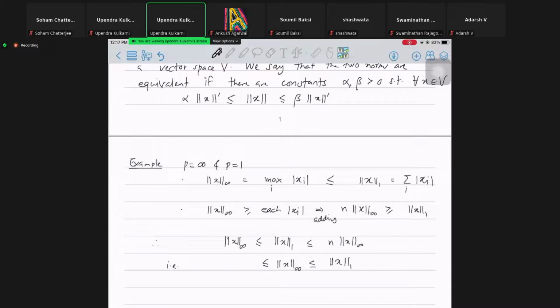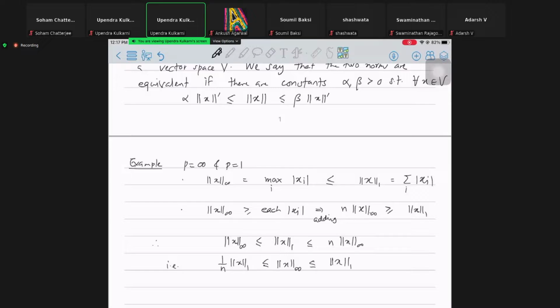But now if I want to put something like this over here, then for the right-hand side of the inequality that I've written on the previous line, I simply divide both sides of that inequality by n, and I will get this. All right, so I hope that this is clear. It's very simple.